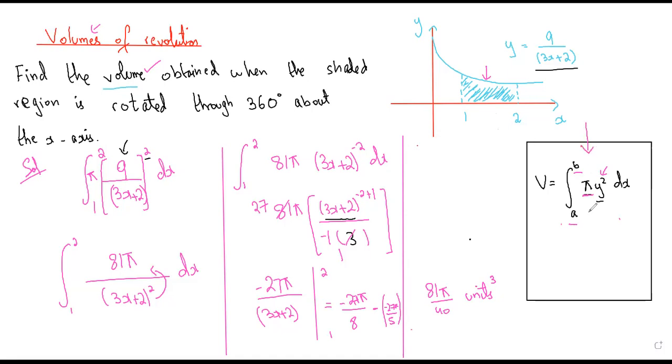This is the formula for such scenarios. A and B are the limits, pi comes, y is squared, and then whatever we get, we need to integrate it. So did you understand this, Munja and Aditya? Yes, ma'am. Okay. Very good.